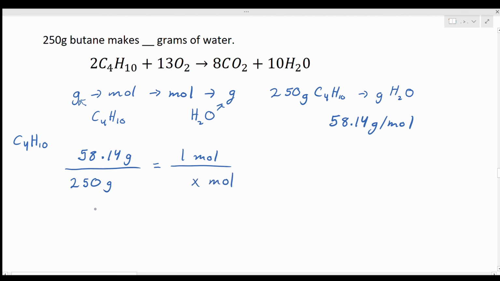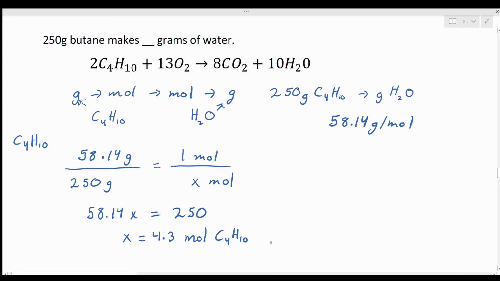Cross multiplying, we have 58.14x is equal to 250. That's by cross multiplication. And so dividing both sides by 58.14, we get that x has to be equal to 4.3. And we know that's going to be in moles.